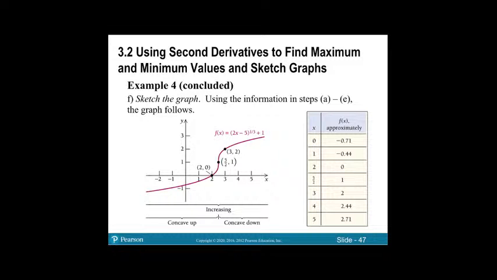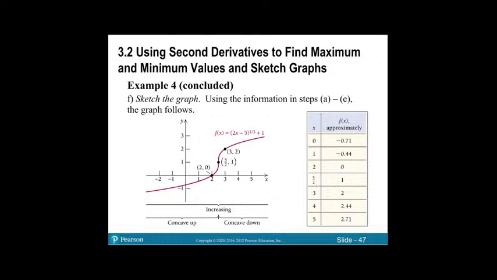Okay, and then you see that once they did the second derivative test to determine if it's a point of inflection, they still went on and made a table, chose several values of x, found the corresponding y, and plotted the points. That's about all you can do, all right? Because it doesn't always work out super neat and clean. So you have to just test it, go with your results, and check your work.